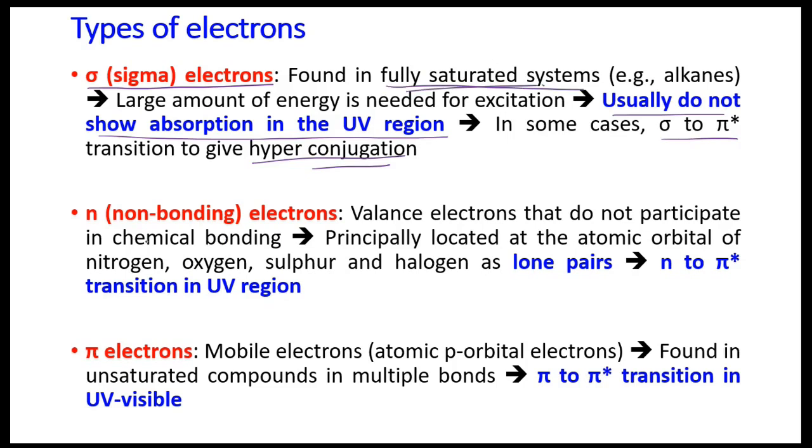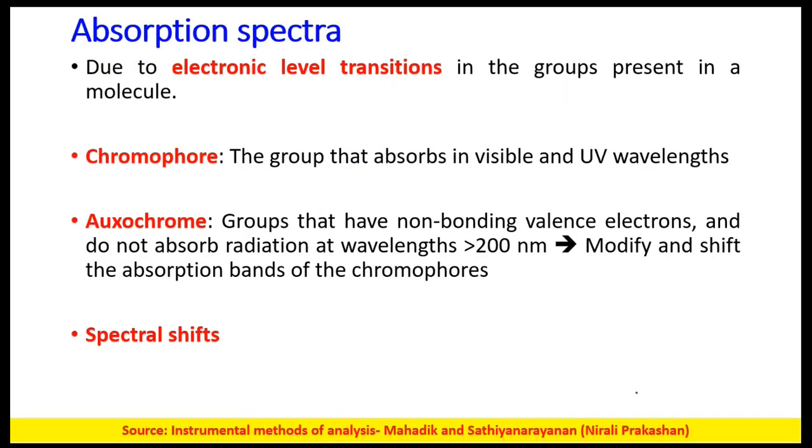Then n non-bonding electrons are present as lone pairs in nitrogen, oxygen, sulfur, and halogen, and they show n to pi star transitions in the UV region. Then we have pi electrons, which are basically the mobile electrons, and they are found in unsaturated compounds with multiple bonds, and they result in pi to pi star transitions in the UV visible region.